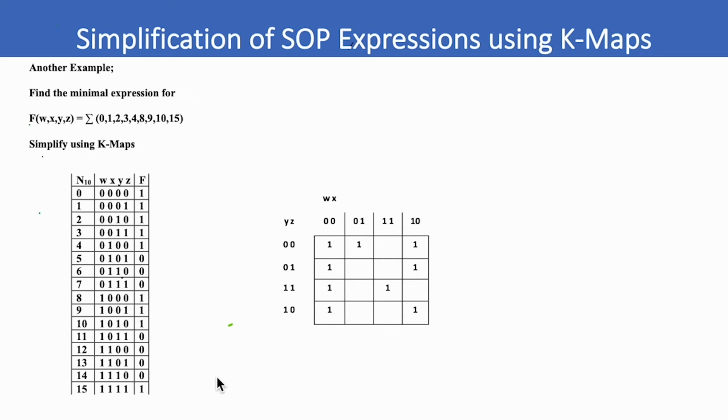You can either do a 1 cover, which would be just one of them. You can do a 2 cover, because anything next to each other is adjacent, or you can do a 4 cover. So it's in powers of 2: 1, 2, 4, 8, 16. Well, you normally don't get that large. So let's see what we can do here.